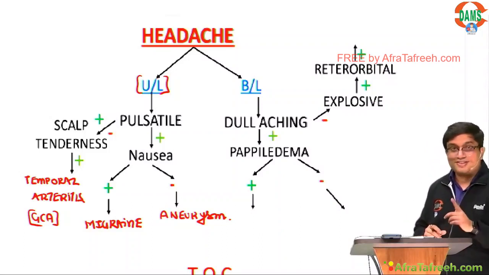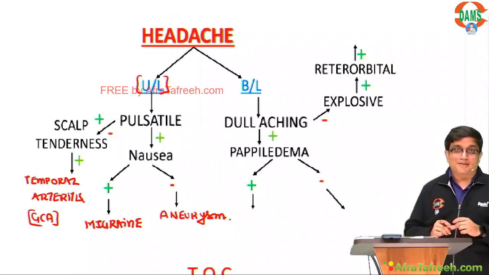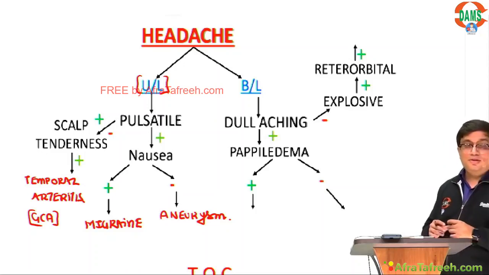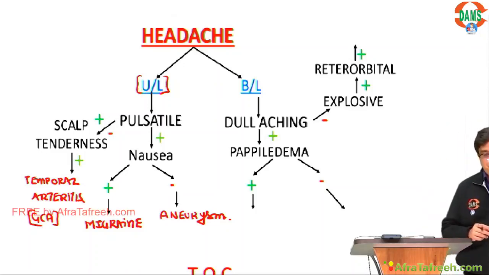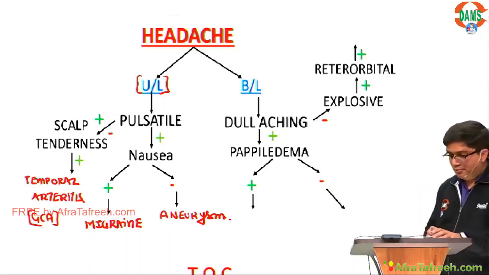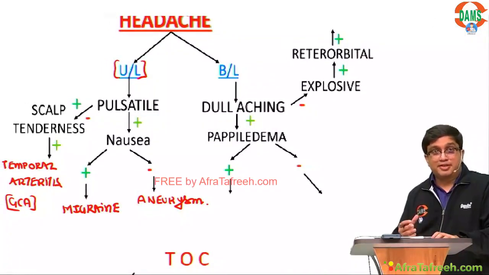Not cluster. Now we have a headache which is seen to be bilateral. On both the sides it can be seen. And it is dull aching with papilledema. Raised ICT, papilledema, dull aching, bilateral headache.